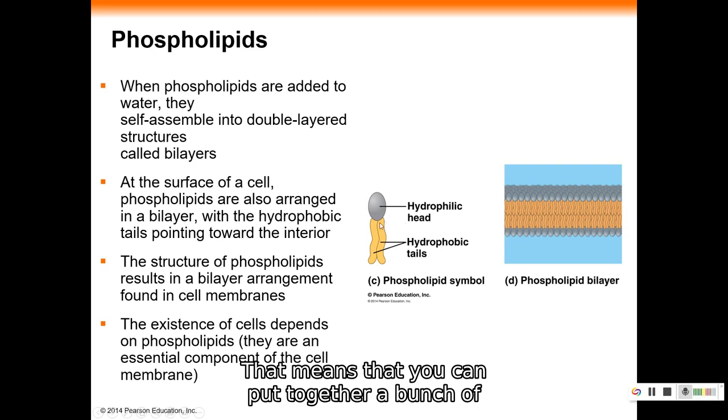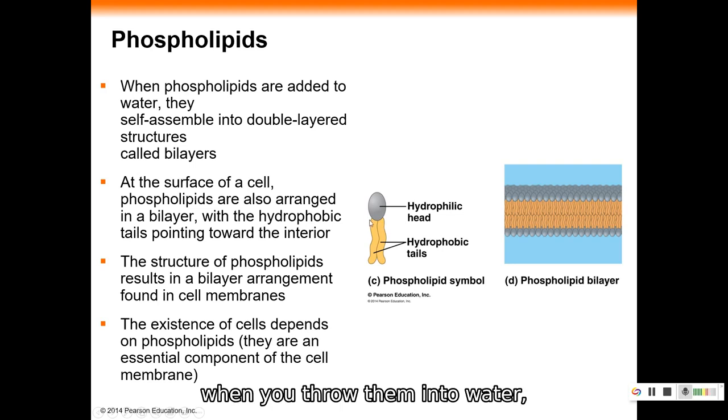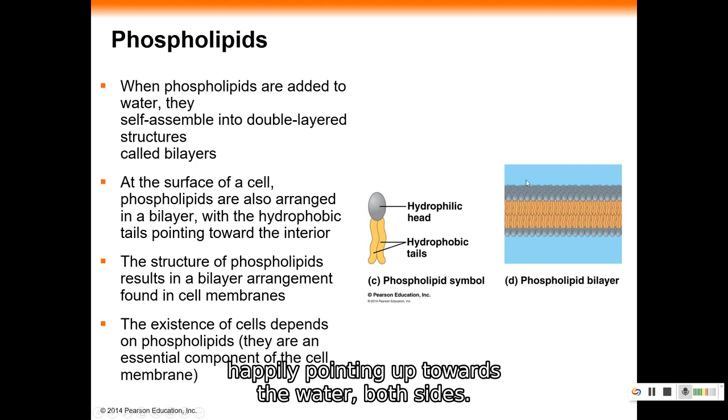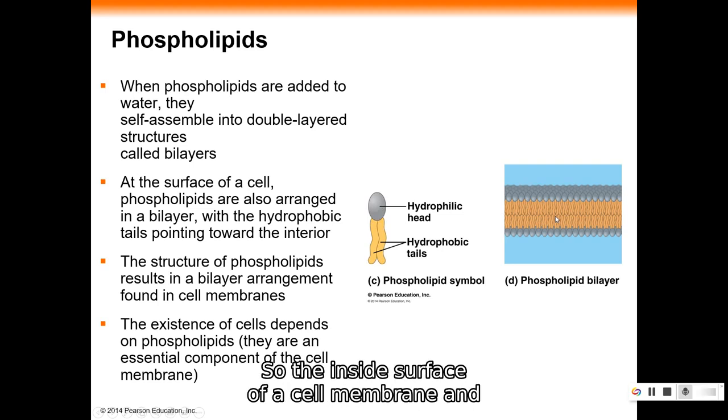That means that you can put a bunch of these phospholipids together, and when you throw them into water, they will automatically form a bilayer. The bilayer is going to have all the hydrophilic heads happily pointing up towards the water on both sides, but these fatty acid tails are hydrophobic. They're going to hide away from water.